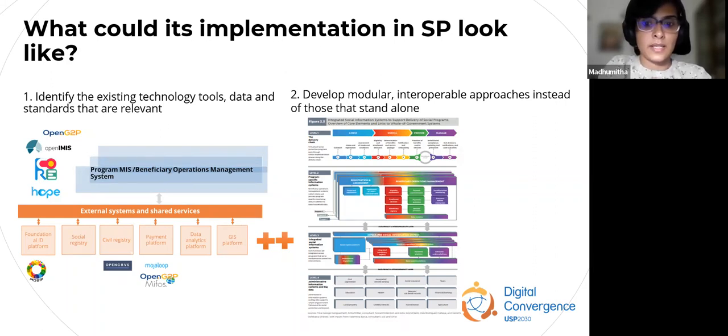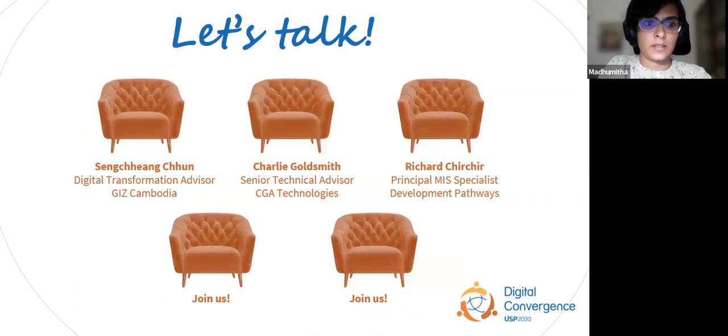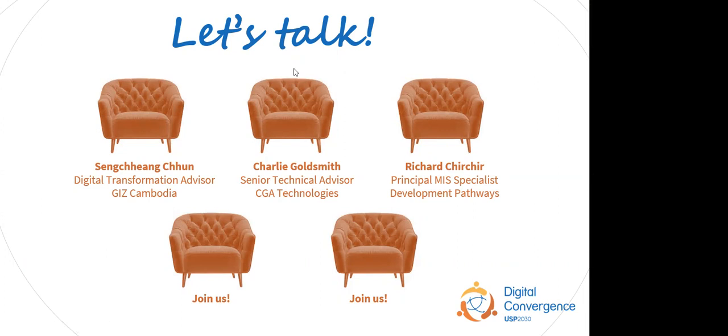Can we go to the next slide, please, so we can kick off some of the conversation? So first, I want to start talking about the use of existing data and systems, to not hijack the conversation too much with discussions of open source. Shen Cheng from GIZ Cambodia is here with us.